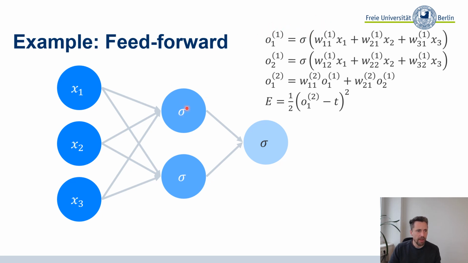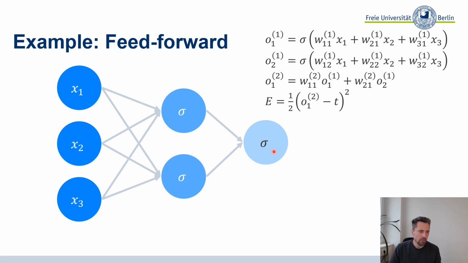And we'll simplify the output of this first activation here, of this first unit, and we called it O1 with a superscript of 1 in parentheses. That means the first layer of activations, of outputs. So that's for the first unit, for the second unit, and that's just sigma of all the weighted inputs and the other inputs for the second unit as well.